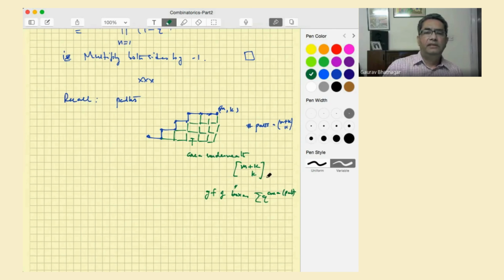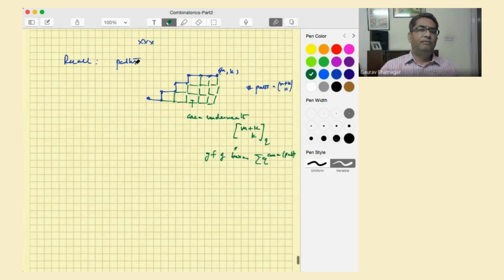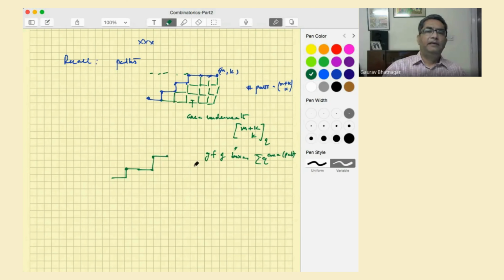Remember this? Q binomial. So what we want to do is flip this picture and do a complementary picture. So when you do a complementary picture, suppose you have this as a path, right? The complementary picture would be that you take these boxes.